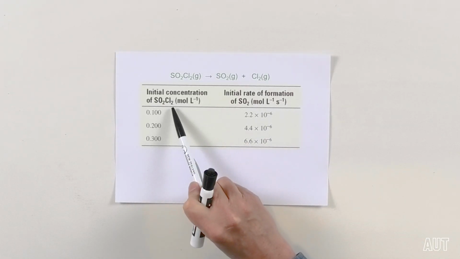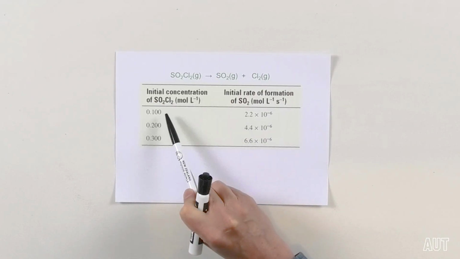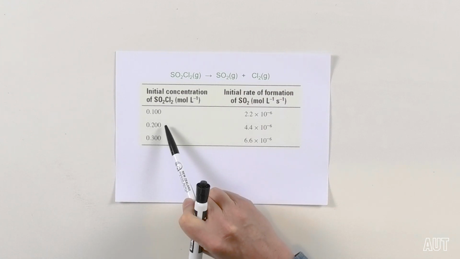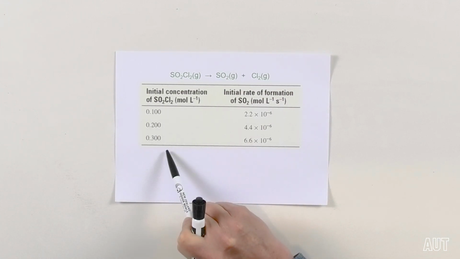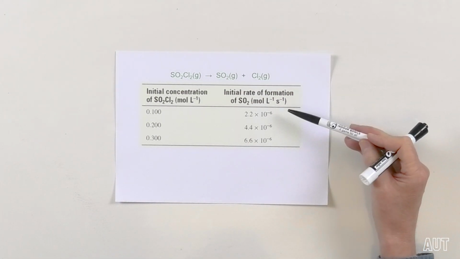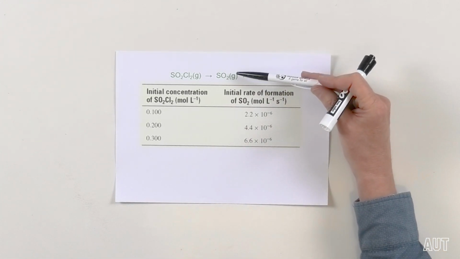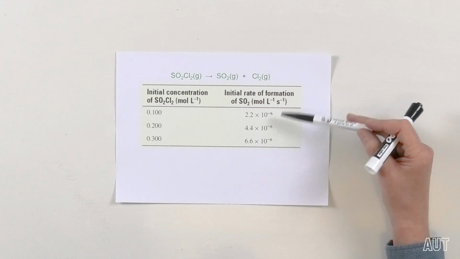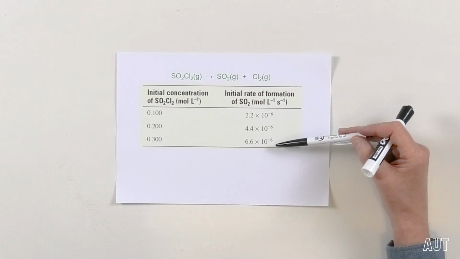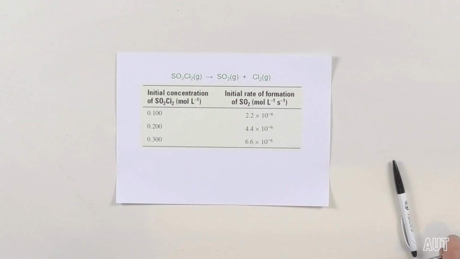So the initial concentrations of SO2Cl2 are given, and we see that they change: 0.1, 0.2, 0.3. And the initial rate of formation of one of the products is given here, and you can see that the rates all change as well. So that's what we're doing. We take our reaction, start off with a particular concentration of sulfuryl chloride, and measure the rate under those conditions.